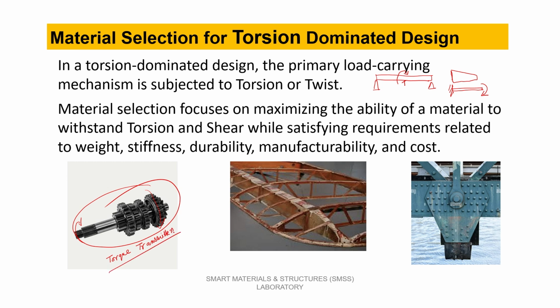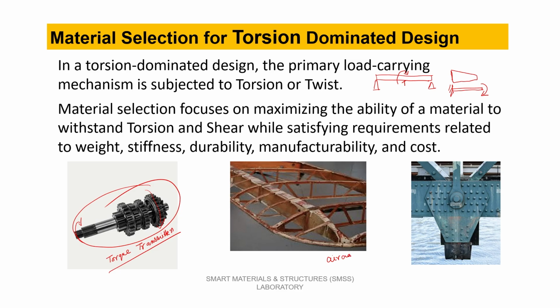A lot of things come in here, because the governing equation in this case will have the dynamics also involved in it. Whereas, the second case that I have shown you here is typical of an aircraft wing.